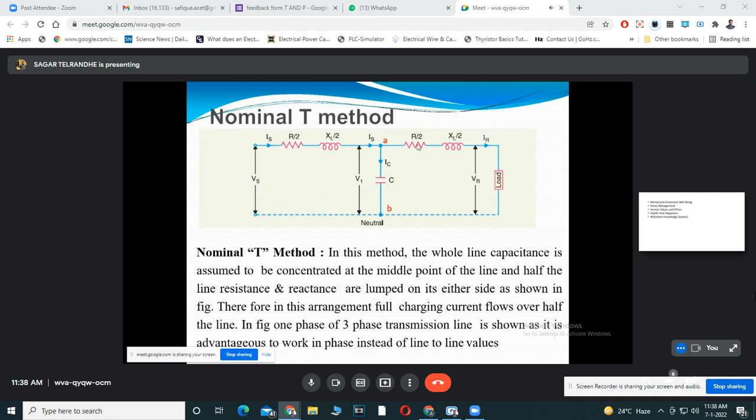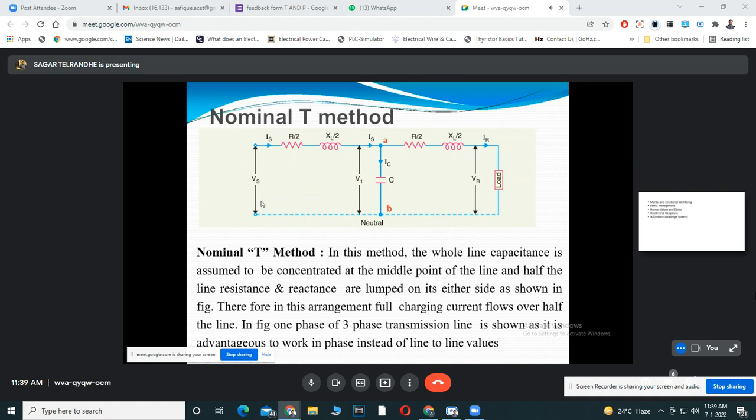Then the whole supply, which is coming from the sending end, is fed to the receiving end. From this figure, we are able to see that the transmission line consists of resistance as well as inductance, and thus this causes a voltage drop. Due to this, the sending end voltage is never equal to the receiving end voltage. Instead, the receiving end voltage is less as compared to the sending end voltage.